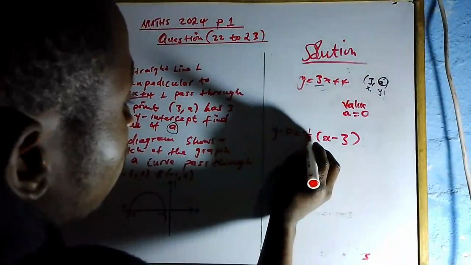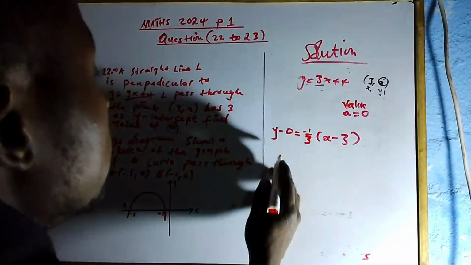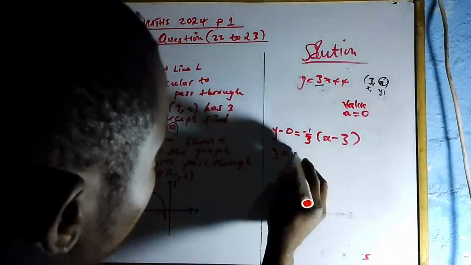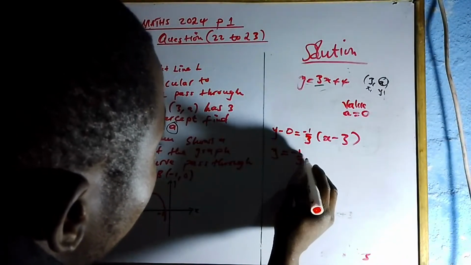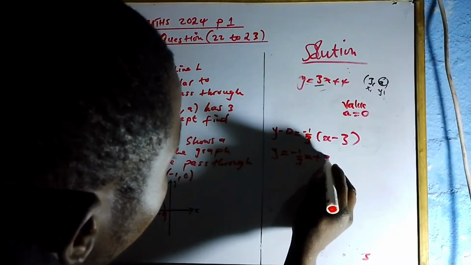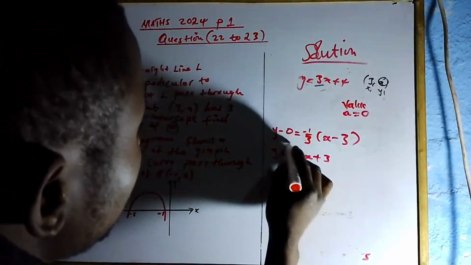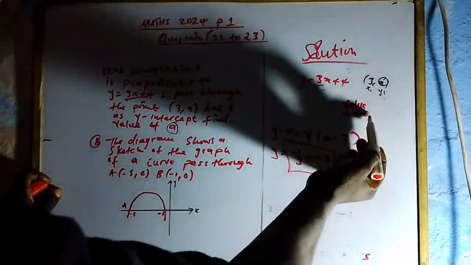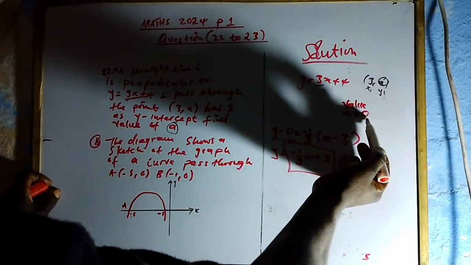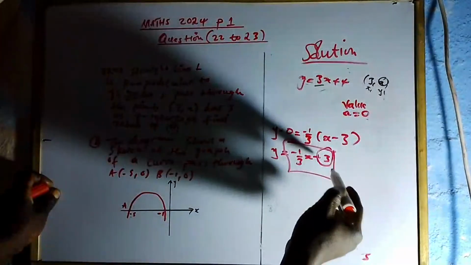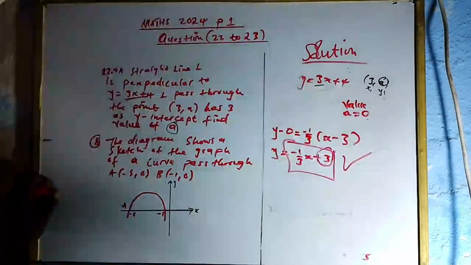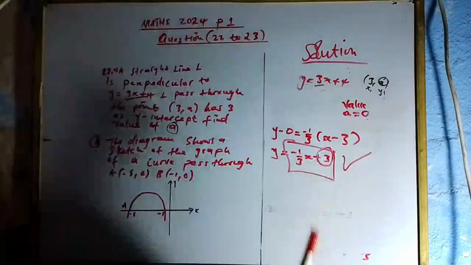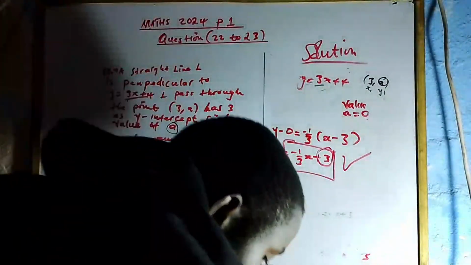Here we have 3, in which you're going to have y equals to minus 1 over 3x plus 3. This is the equation which is correct for you to find the value of a is 0, and we have the intercept of 3, which is correct.